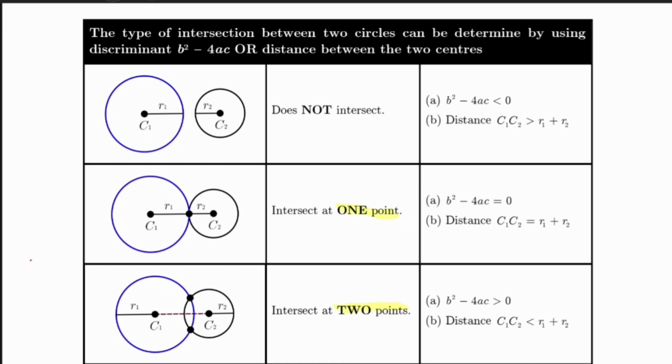If b squared minus 4ac is less than 0, your circles do not have an intersection point. If you get equal to 0, there is only one intersection point, and if it is greater than 0, your circles intersect at 2 points.